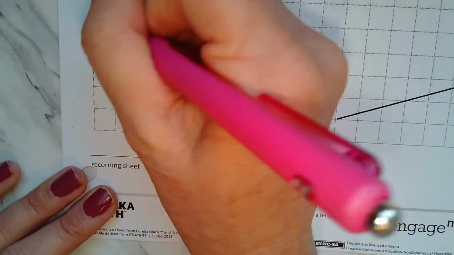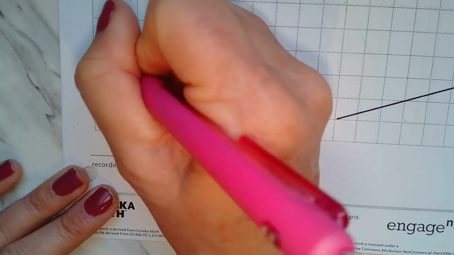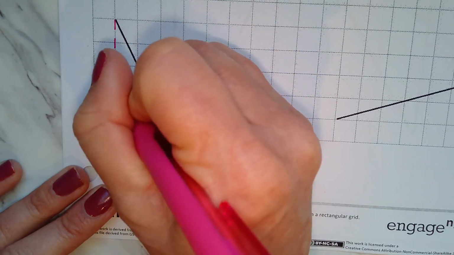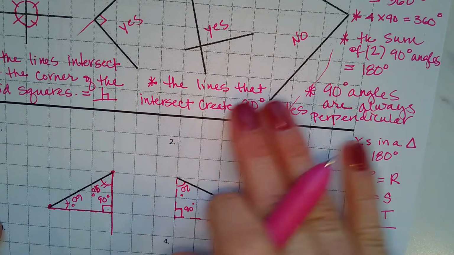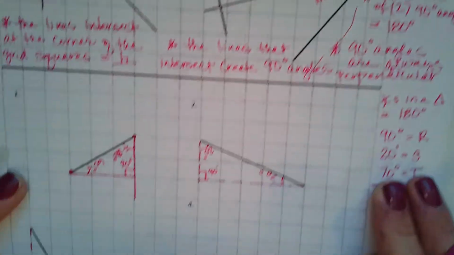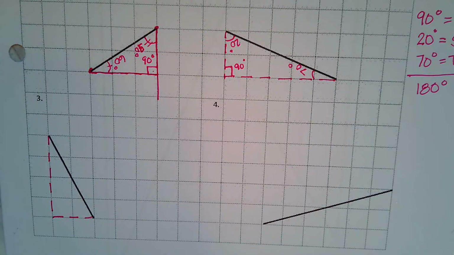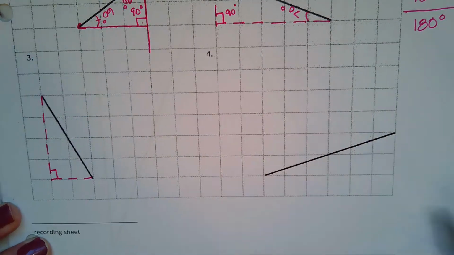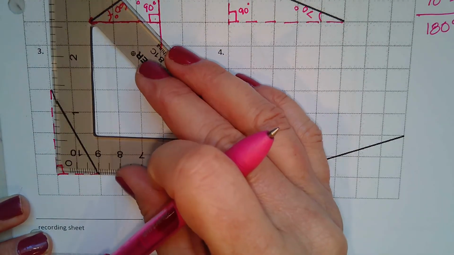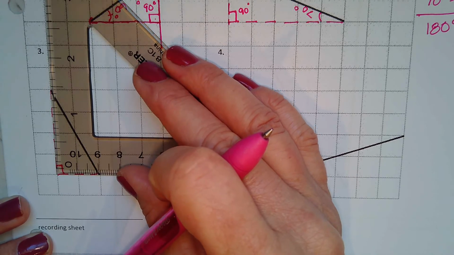All right, now let's do number 3. And keep in mind all the information that we know about perpendicular lines, because that's our big idea for today. We know that is a perpendicular line. We're using our set square.